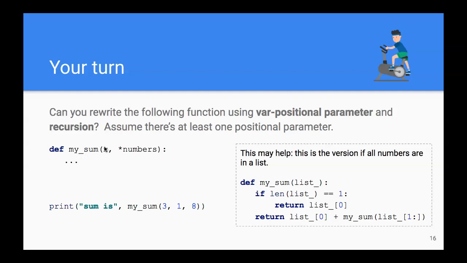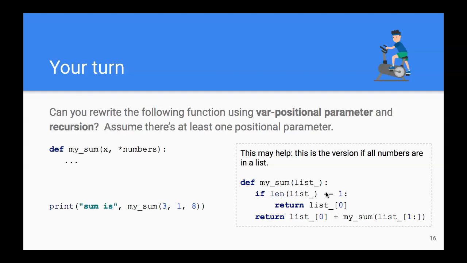So we have to take a parameter, say one of the numbers, so one number x, and then we treat the rest of the numbers as var-positional parameters. So here are two hints, and see if they help you.